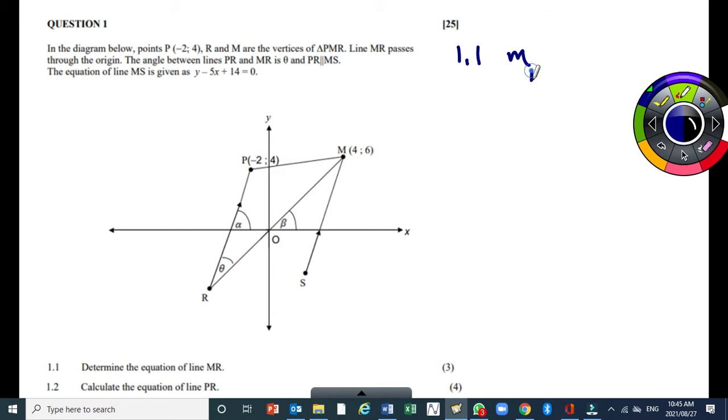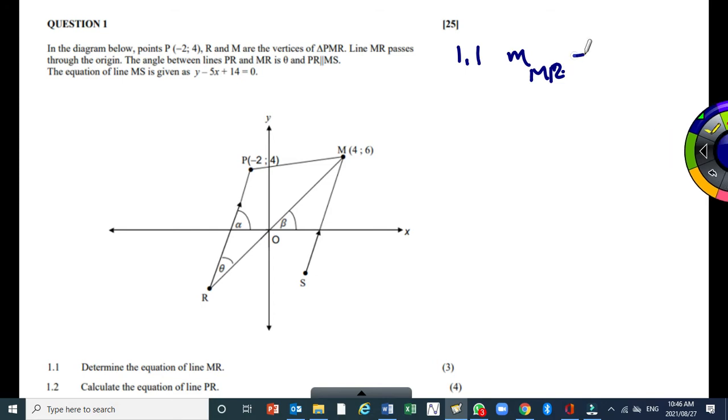Therefore, the gradient of MR is equal to Y2 minus Y1 over X2 minus X1.